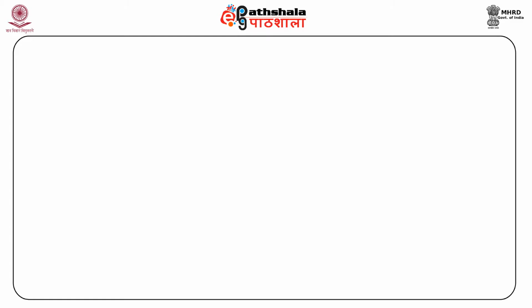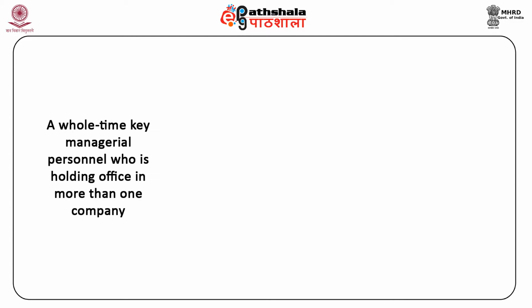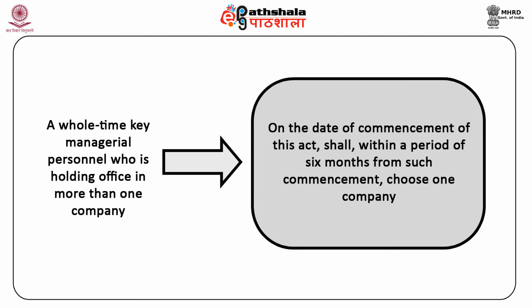It is further provided that a whole-time key managerial personnel who is holding office in more than one company at the same time on the date of commencement of this Act shall, within a period of 6 months from such commencement, choose one company in which he wishes to continue to hold the office of key managerial personnel.